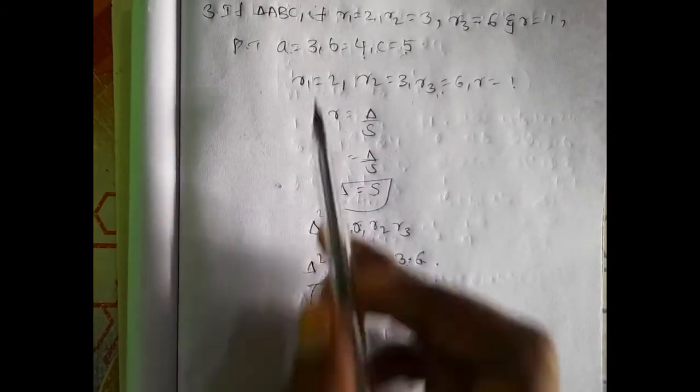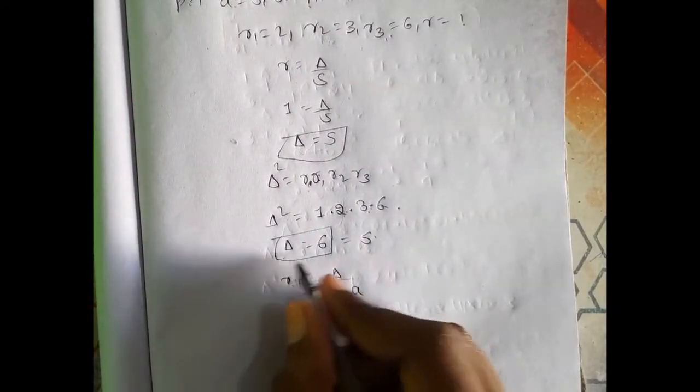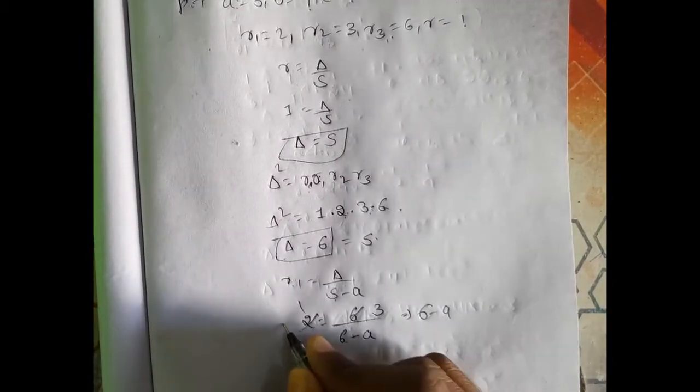Now we know R1 equals delta by S minus A. So what is R1? It is given R1 equals 2. Now 2 equals, what is delta? 6. What is S? Equals delta. So 6 by 6 minus A. Now 1 twos, 3 twos implies 6 minus A, transposing, equals 3. 6 minus 3 equals A. A equals 3.